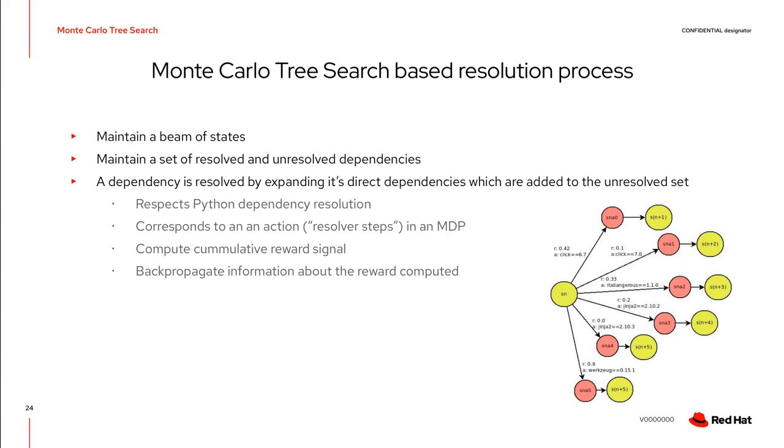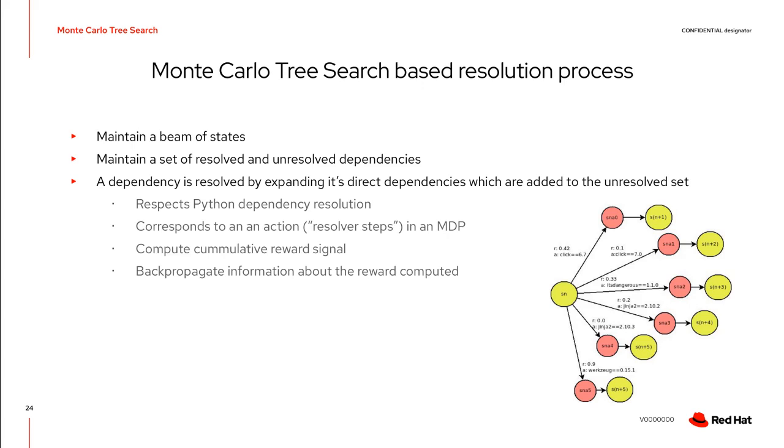Each state has two sets. One corresponds to packages that are resolved, and another holds unresolved dependencies. If a state holds no unresolved dependencies, it means it's a final state, and all dependencies present in the resolved set form the final stack that is resolved.